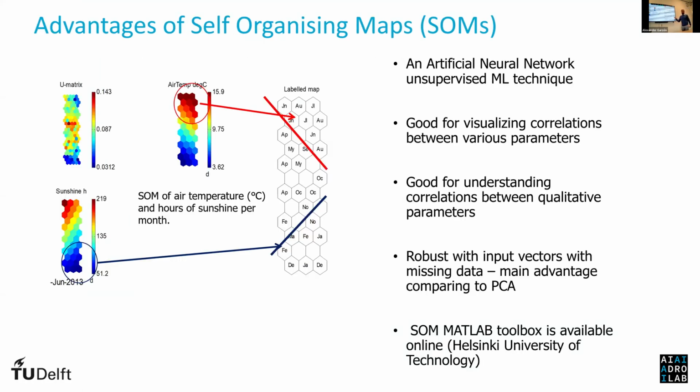Self-organizing maps. A self-organizing map is a machine learning technique that clusters similar data. But the difference between this and other clustering approaches is that it also creates correlations between different parameters. So it takes as inputs the variables that you want to use.